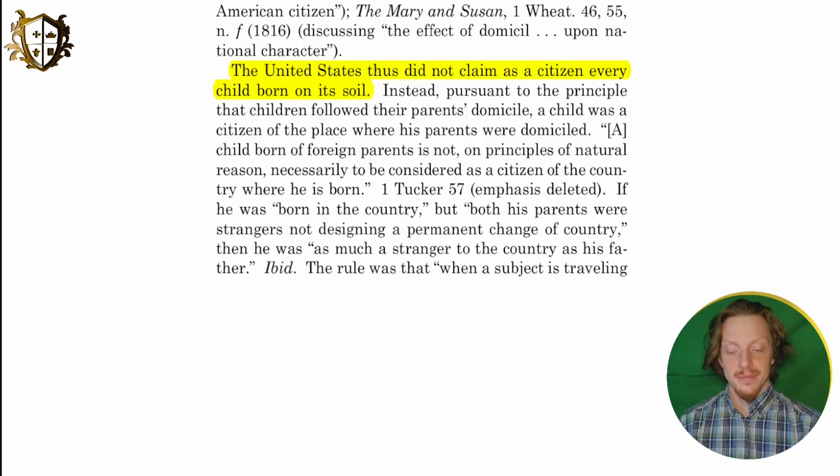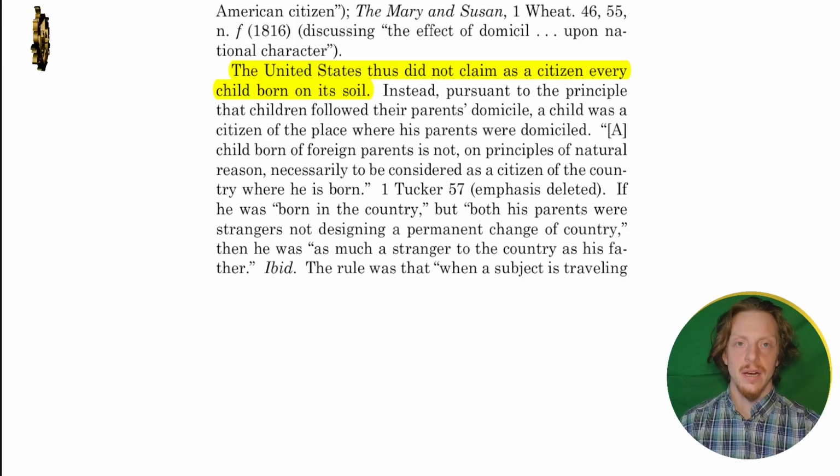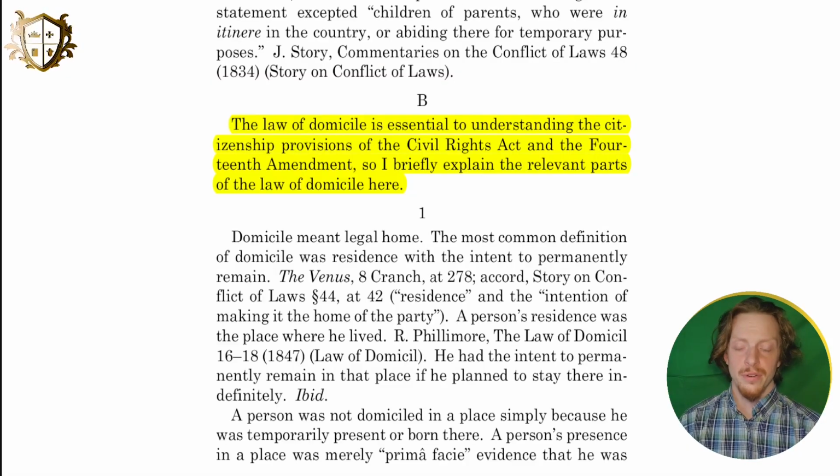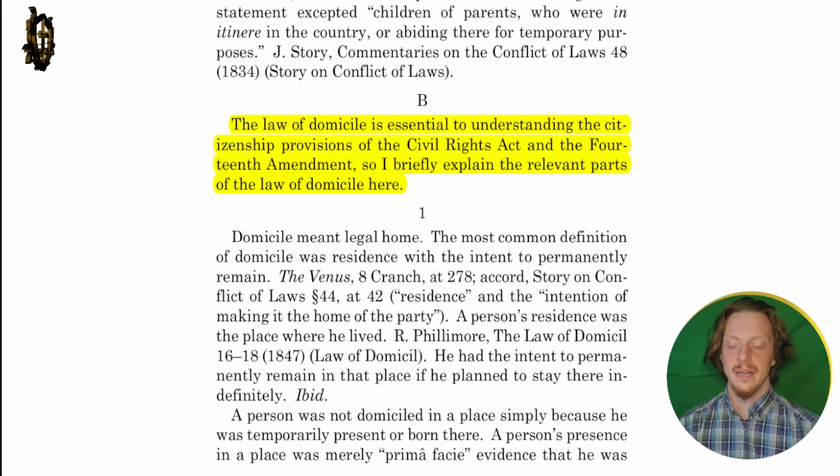That would have been the most precise way, and an important caveat that would have made that statement much more effective against the idea of the 14th Amendment.